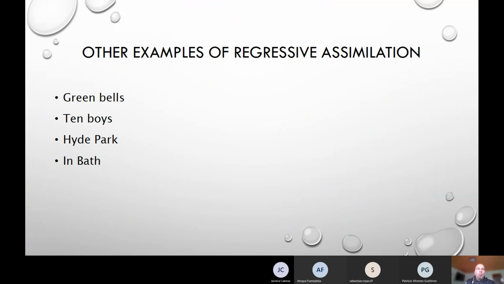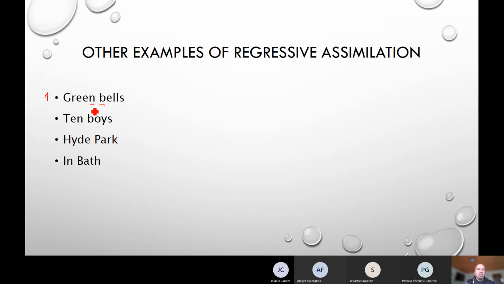Now, between words, right? For example, in the first example, we have green bells. Green bells. But when we say this quickly or at a normal pace, we say green bells.